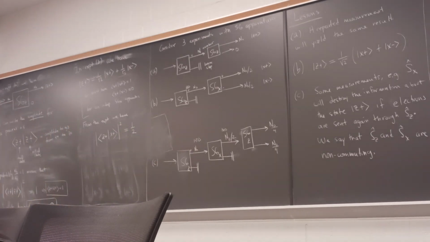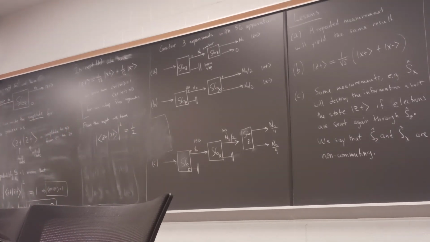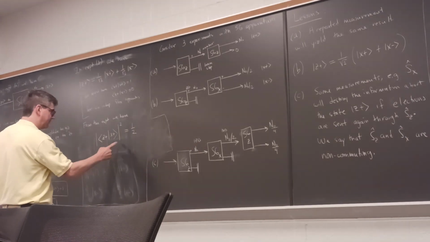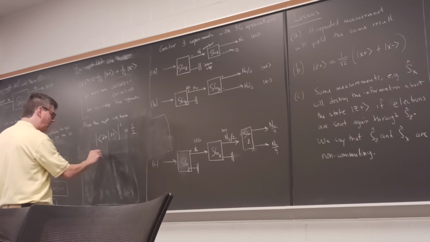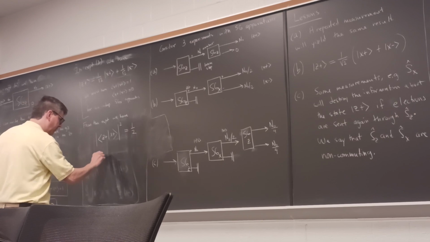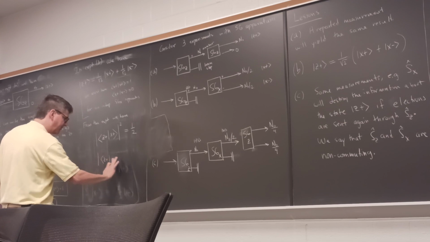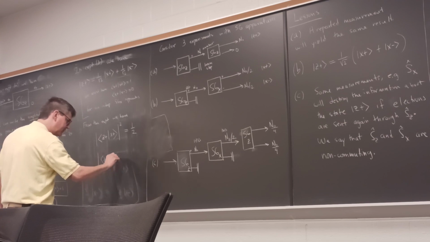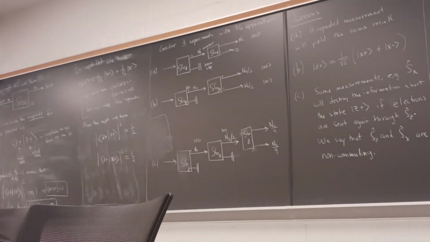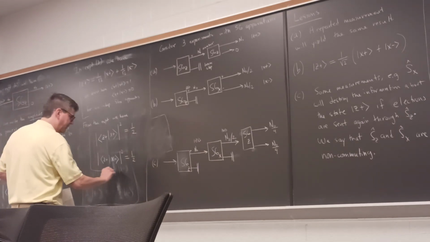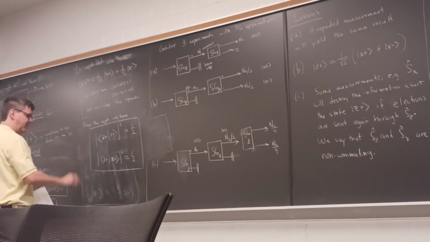So this is from the experiment, I know this. This is the probability. And we also know that the magnitude squared of the inner product of z plus with x minus also has to equal a half. So these are things we know from the experiment.